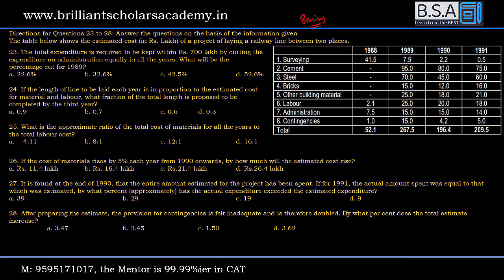Total expenditure is required to be kept under 700 lakhs by cutting expenditure on administrative costs equally in all years. What will be the percentage cut in 1989? If the length of line to be laid each year is proportional to the estimated cost of the material and labor, what fraction of total length is proposed to be completed by the third year?